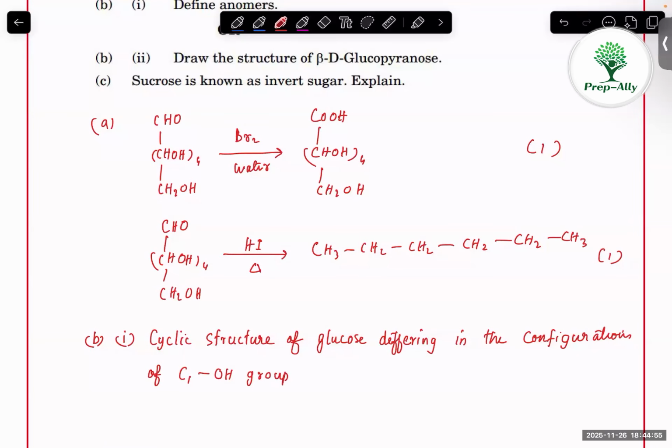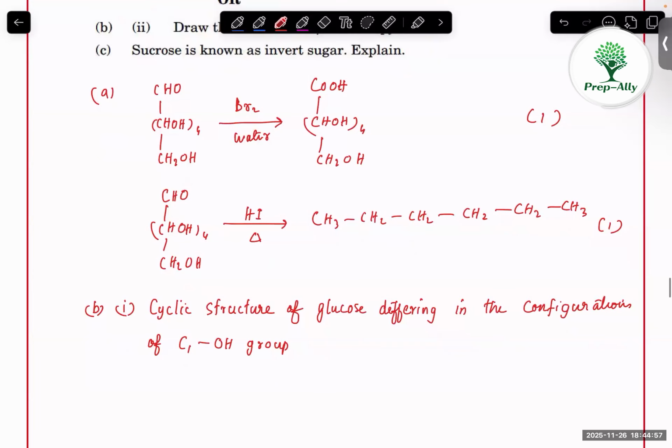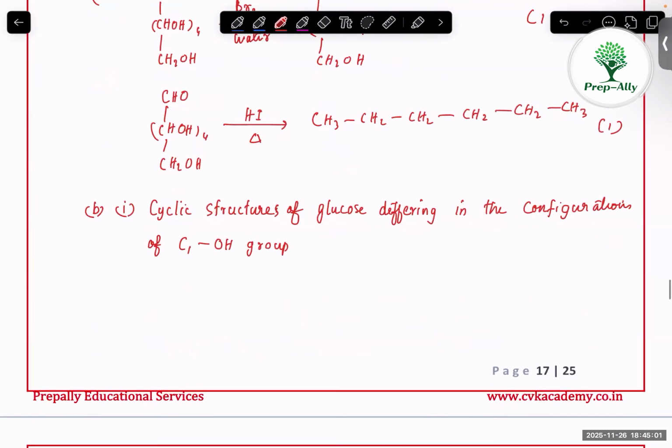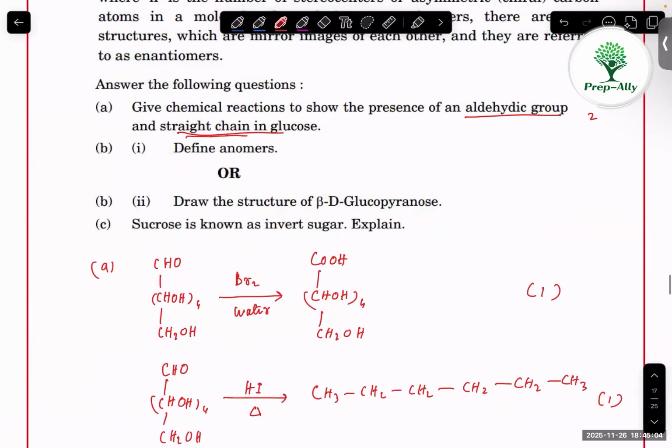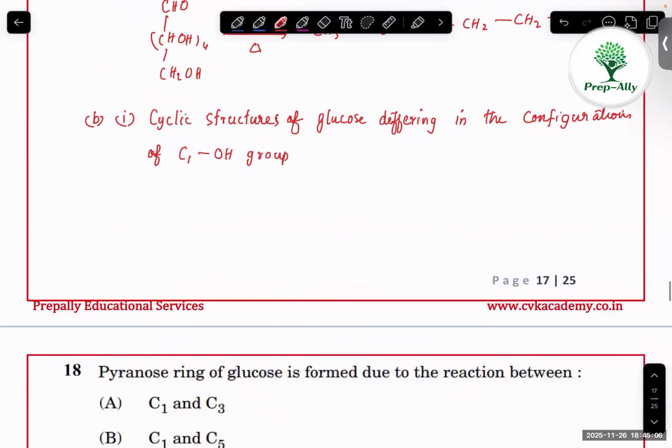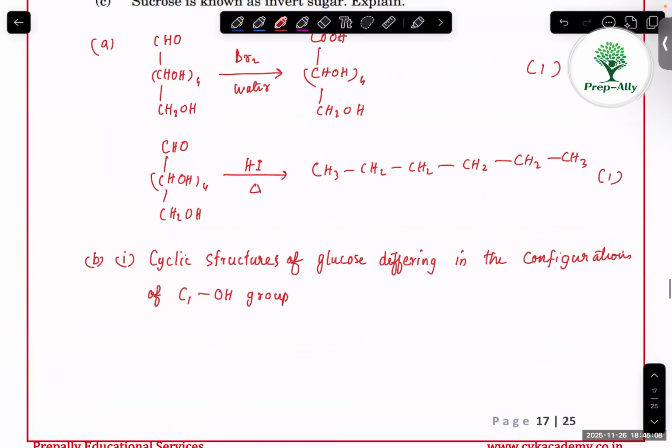These are cyclic structures of glucose differing in the configuration of C1 OH. That means you need to draw the structure, but that we will see for drawing.